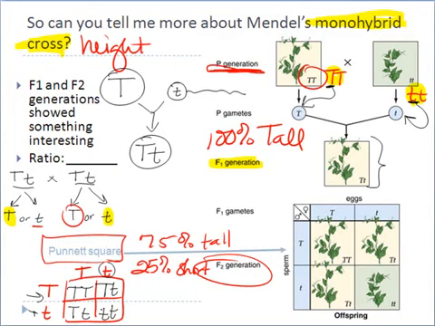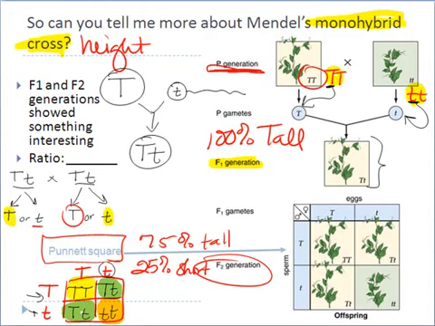So you can see here when I do this cross, I get one individual that's homozygous dominant. I get two individuals that are heterozygous. Here's my two heterozygotes. And I get one individual that is homozygous recessive.